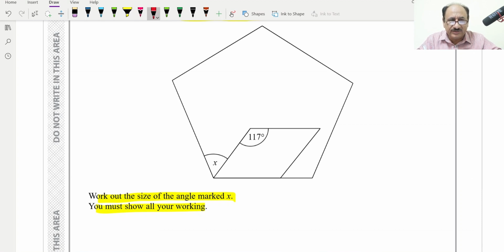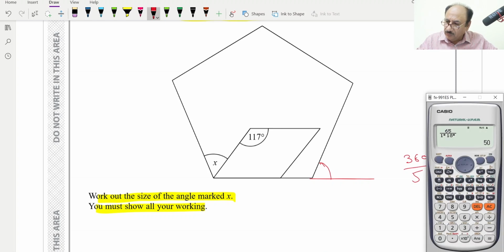For this one I'll explain. First of all we will check what the exterior angle is. The sum of exterior angles of a polygon is always equal to 360 degrees. There are 5 angles, so 360 divided by 5 is equal to 72.